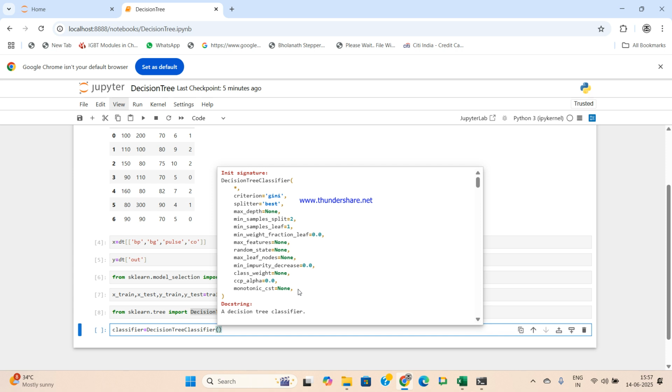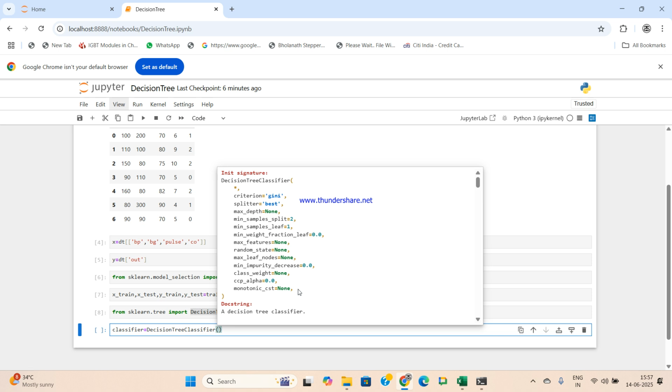Here this criterion we are putting Gini; there is also entropy, which is a particular algorithm. I am not detailing that, so you can check the decision tree Gini algorithm and the decision tree entropy.